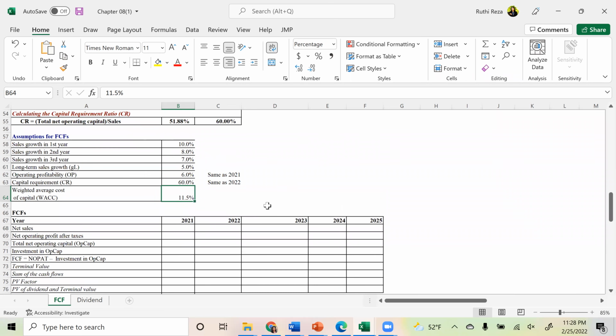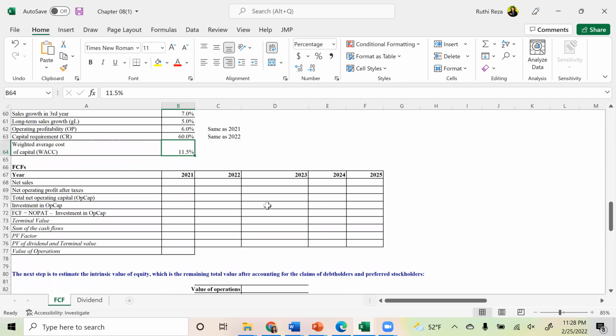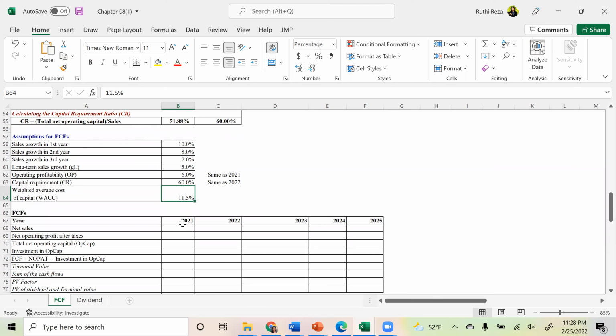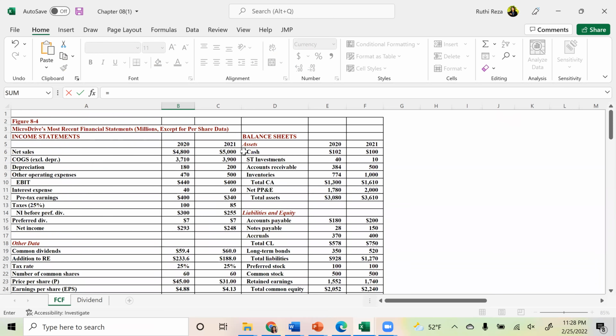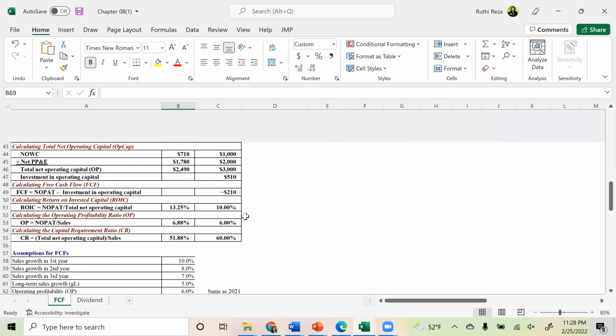Now, based on all of this information, let us forecast free cash flow to the firm for the future years. Our base year is the most recent year, which is year number 0. Let us now copy the numbers for the different accounts for this base year. Net sales for 2021 is 5,000.